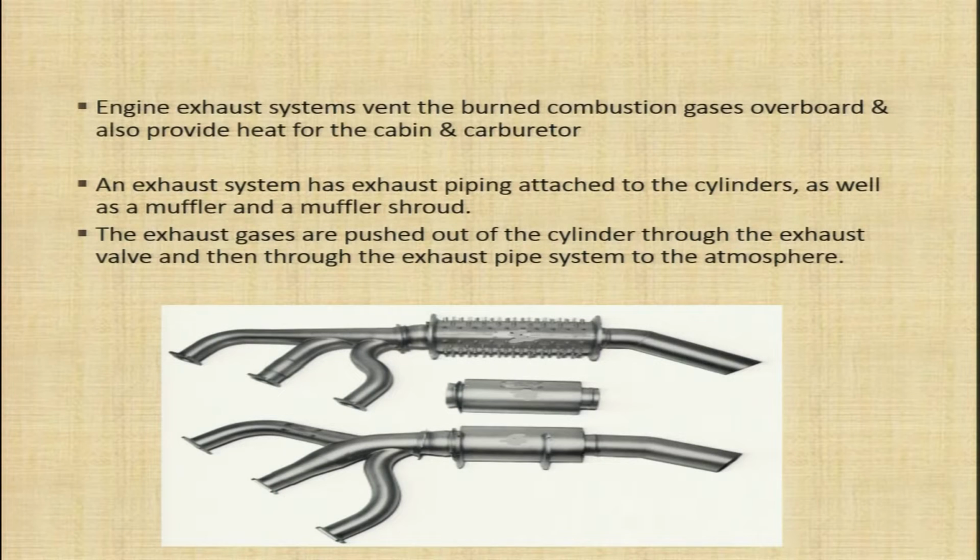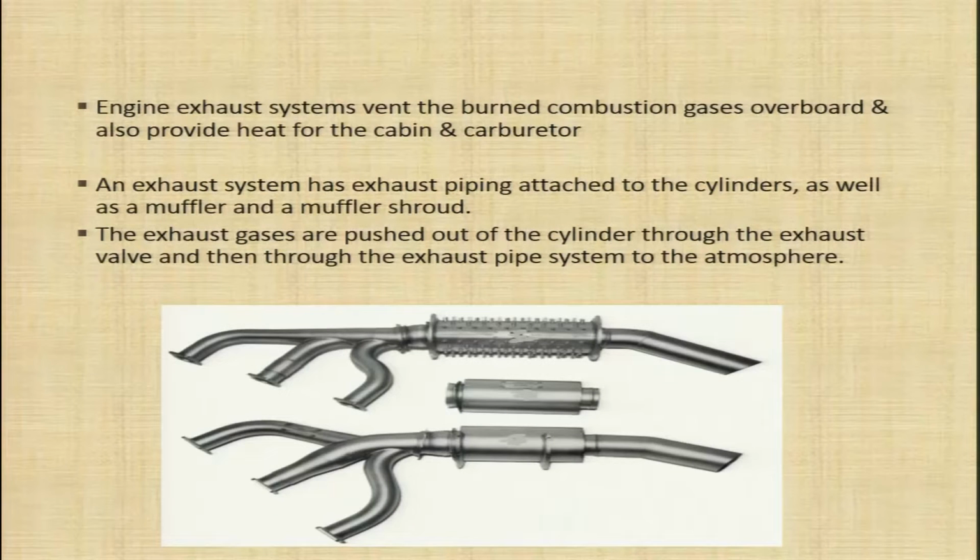An exhaust system has exhaust piping attached to the cylinders as well as a muffler and a muffler shroud. So, we will see in the diagrams that the cylinders all have exhaust piping attached to them, and you have a muffler and a muffler shroud.